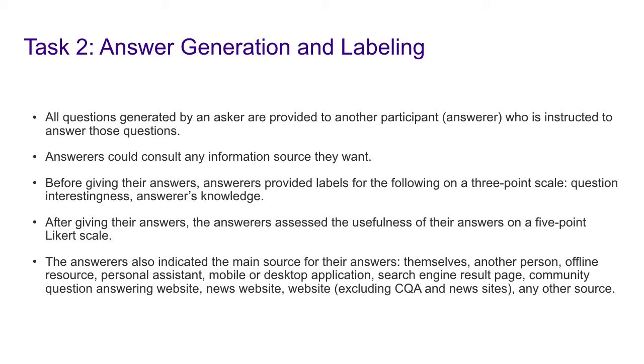They also indicated the main information source they used when answering a question. They could answer the question themselves or get the answer from another person, an offline resource like a book, a personal assistant, a mobile or desktop application, a search engine result page, a community question answering site, a news site, any other website excluding CQA and news sites, or any other source not listed here.